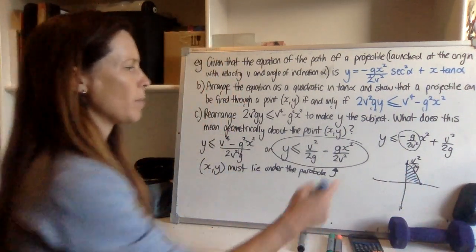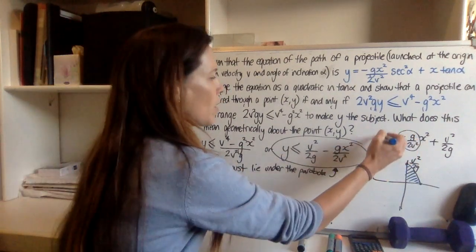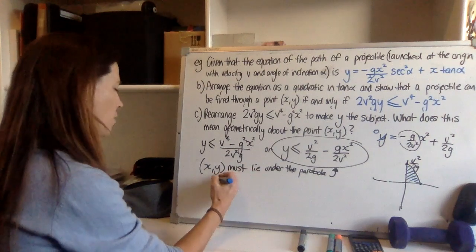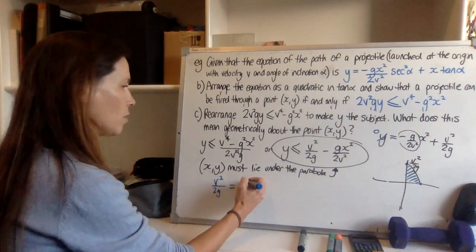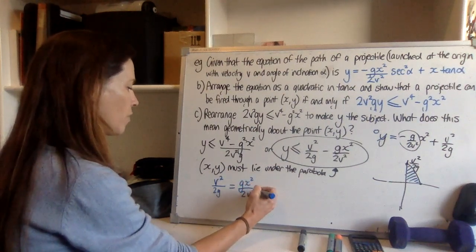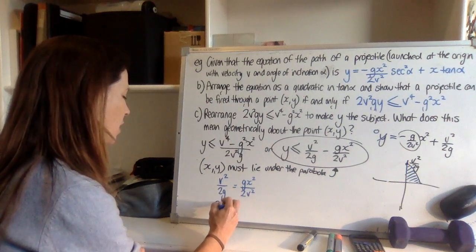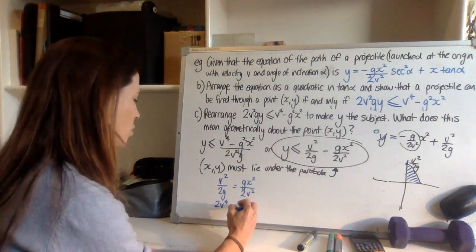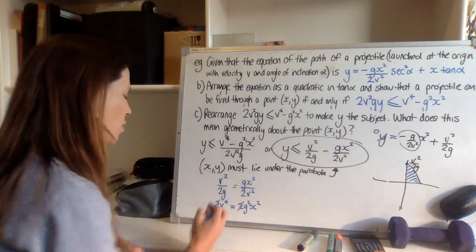So finding this point seems important. Now on the parabola, if we let y equal 0, then we would have v squared over 2g is equal to g x squared over 2v squared. So that means that 2v to the power of 4 is equal to 2g squared x squared. We can cancel both of the 2's out.